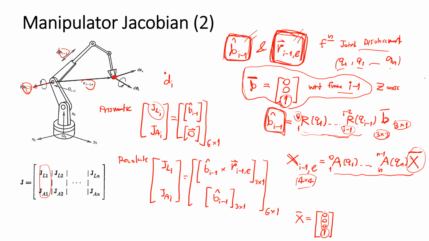but we want to obtain the relative position vector. So when we already obtain the position of the endpoint, we need to subtract the position from the base to the joint I-1.